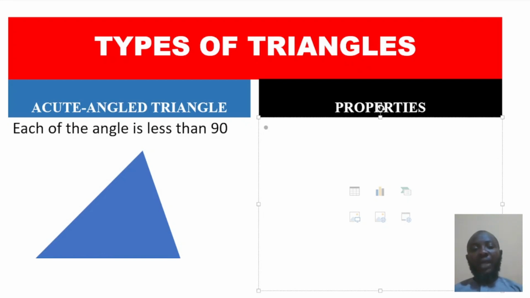If you look at this, it's like a scalene triangle, so all the sides might not be equal.